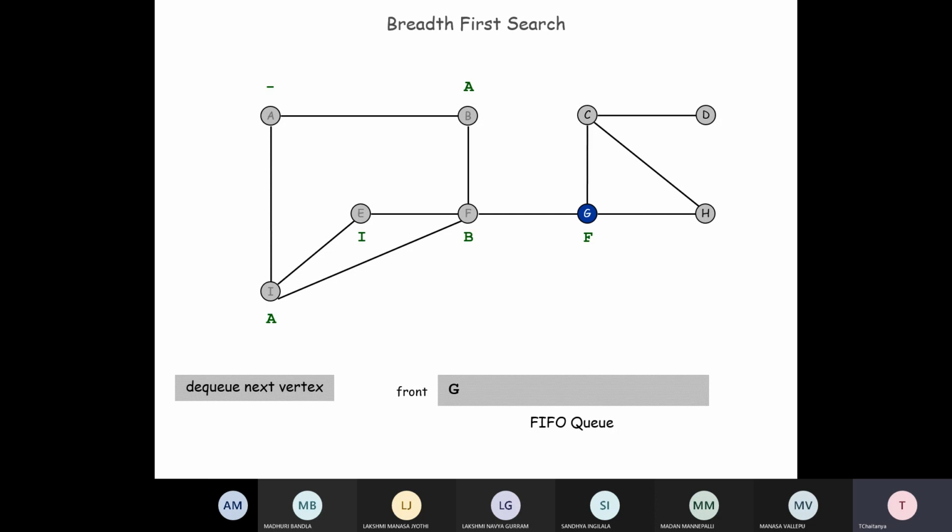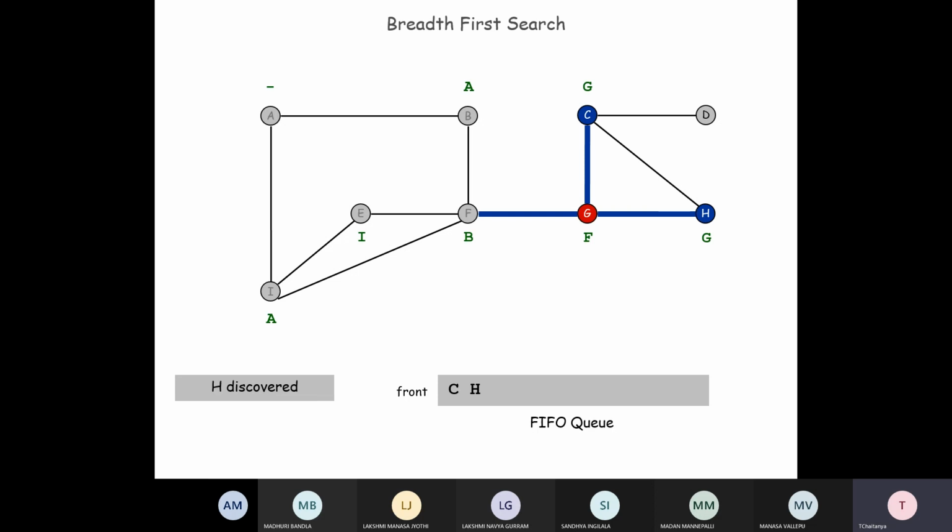Next node is G. For G we have neighbors H, B and C. If we consider G as the node, we can find the neighbor nodes C, H and B.